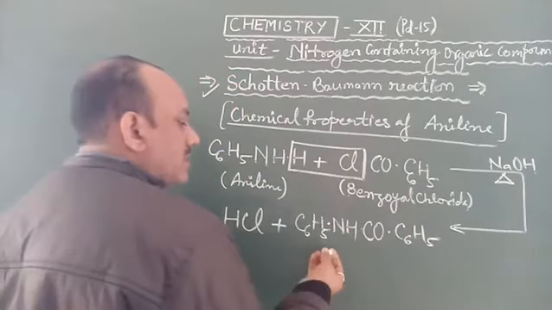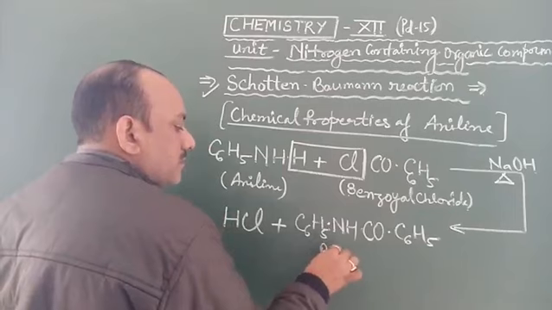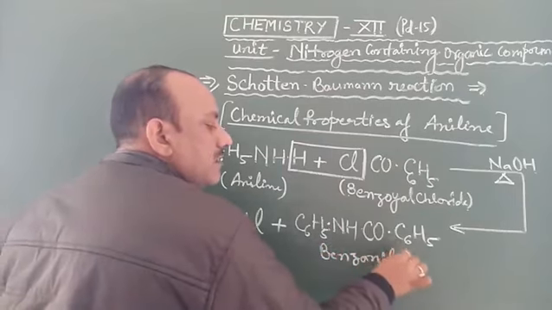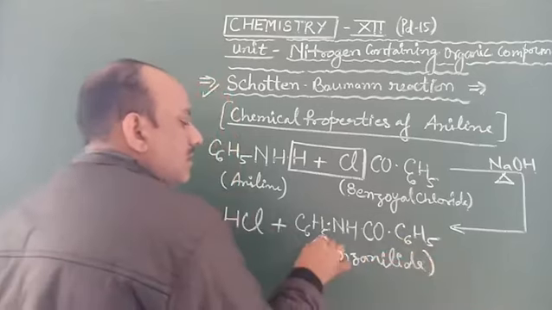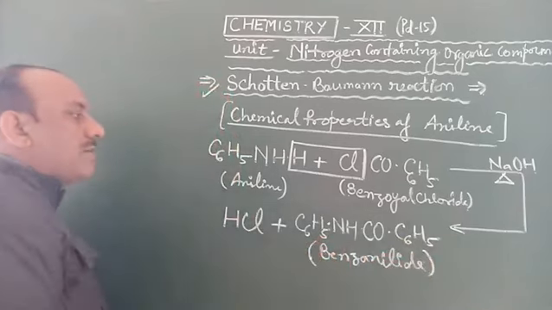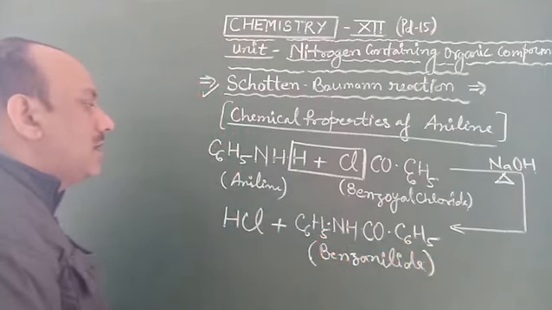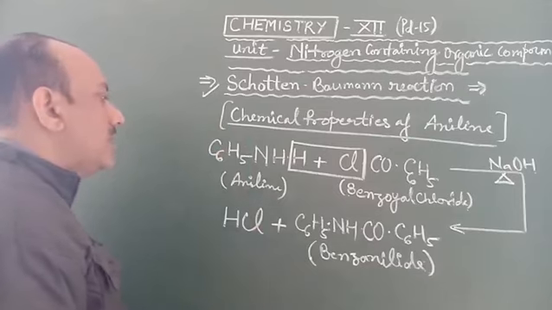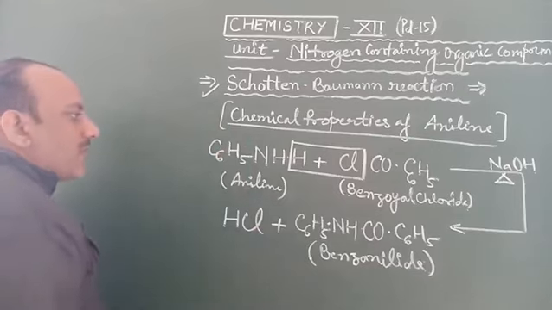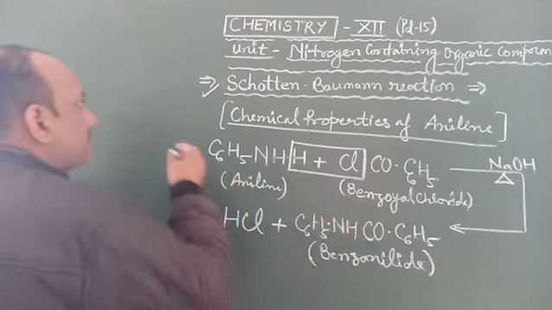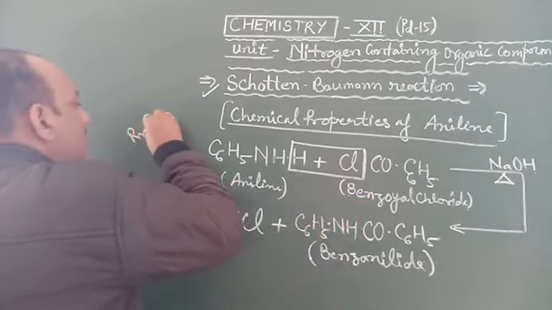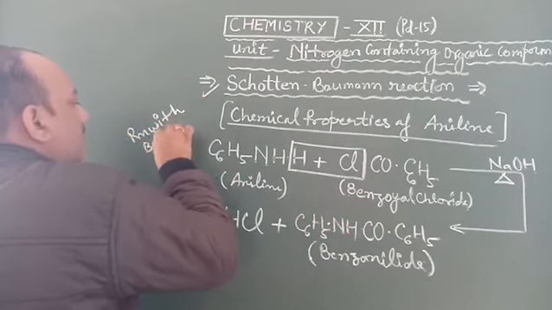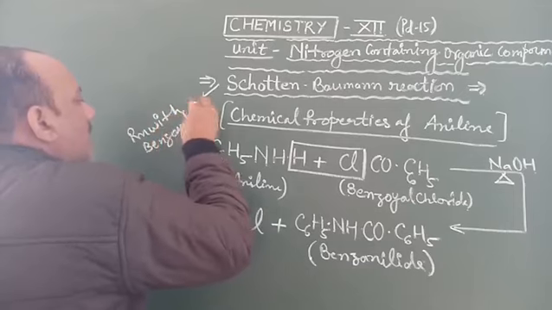This product is known as benzanilide. And the process or mechanism is known as the Schotten-Baumann reaction. This is also a named reaction: reaction with benzoyl chloride.